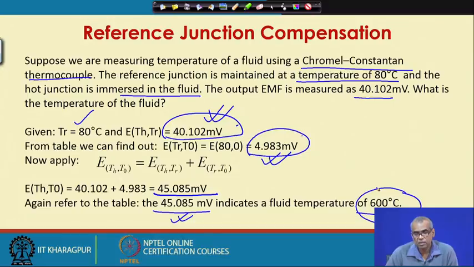All I do is, if the reference temperature is not at 0 degree Celsius, you find out the EMF that will be produced if the thermocouple is kept between the reference temperature and 0 degree Celsius. That EMF must be added to the thermocouple's output, and then you can directly look at the table.